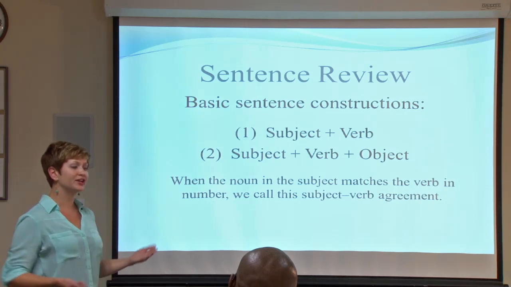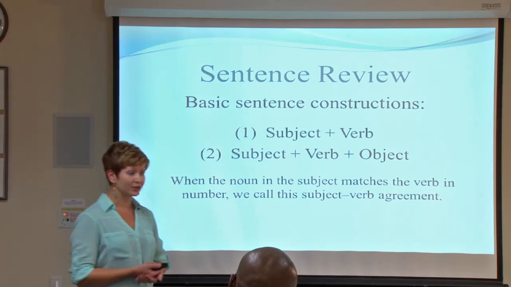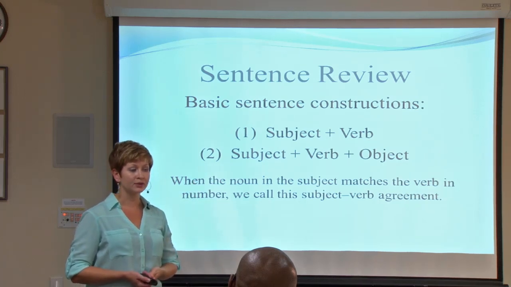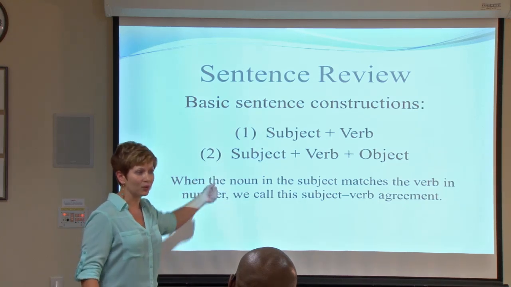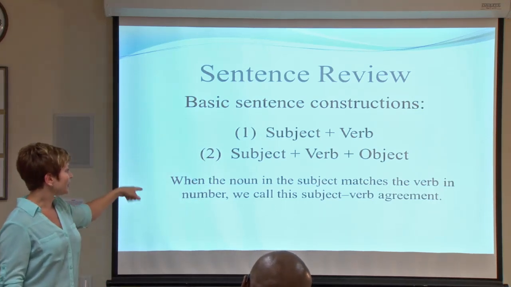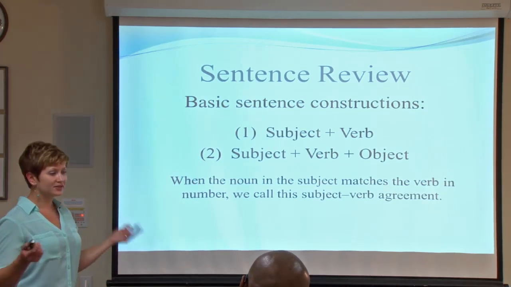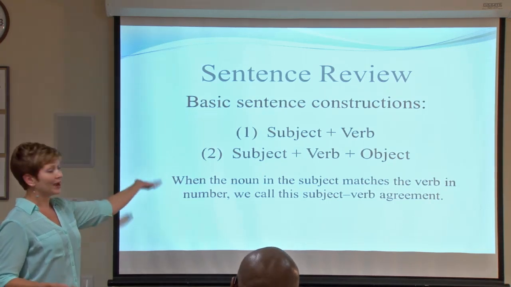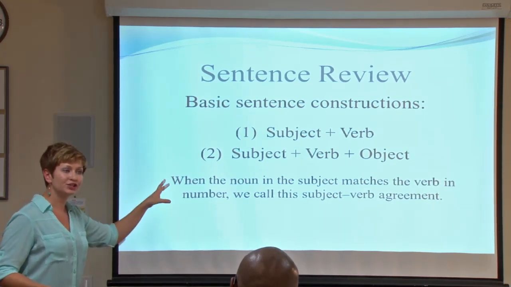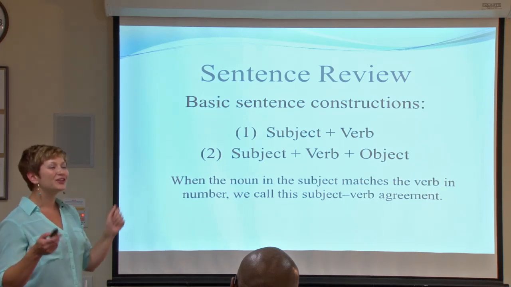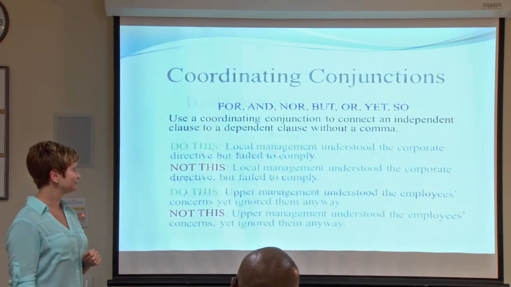But to be able to understand whether you have an independent clause, which would be one of these two, or a dependent clause, a clause that relies on this basic construction, this is what you need to see. So when someone talks about subject-verb agreement, you want to look to your subject, and you look at the noun there, and you want to make sure that your verb agrees in number, agrees with the number of the noun.